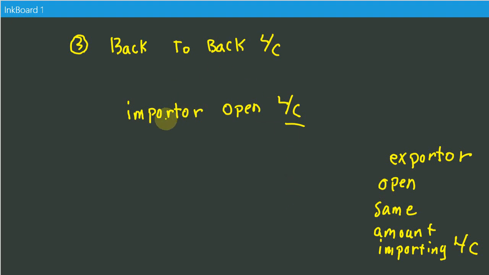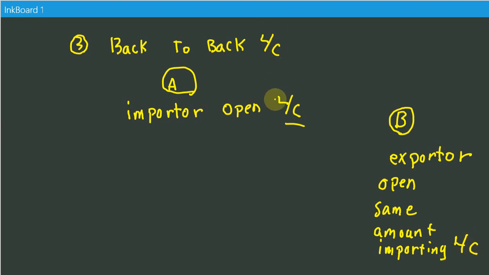Okay, for example, country A and country B. The country A import open LC, okay, but this LC is not available until export of country B open same amount importing LC.